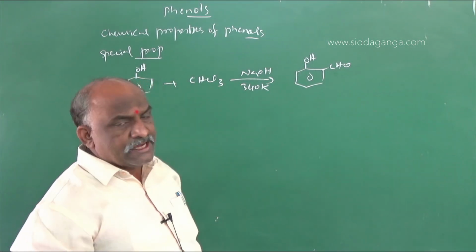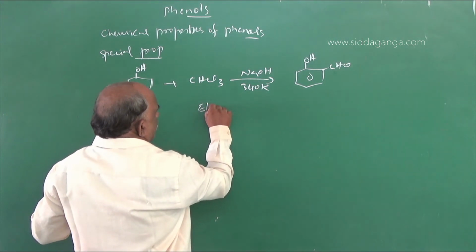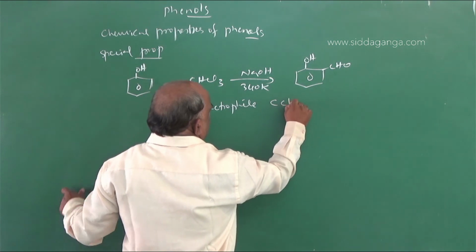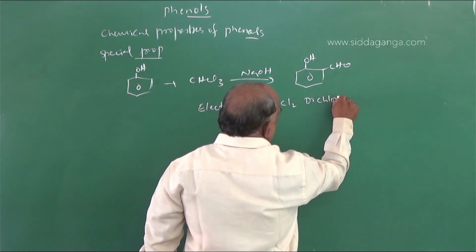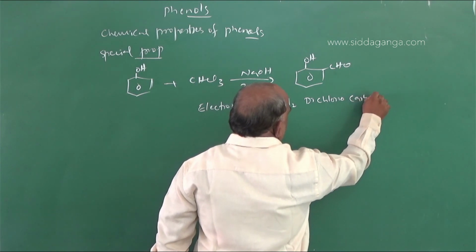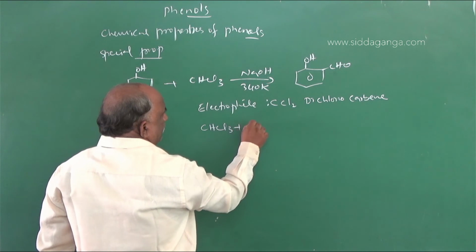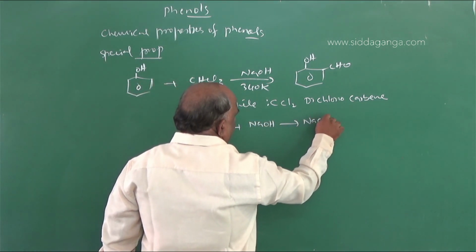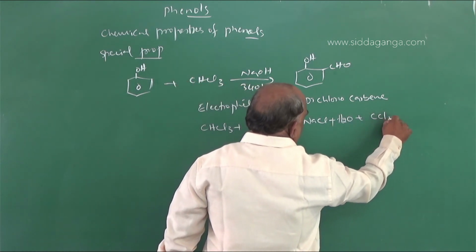So in this reaction, the important entity is the electrophile. What is the electrophile? CCl2. This is called dichlorocarbene. It is obtained when CHCl3 is treated with NaOH, giving NaCl plus H2O plus CCl2.